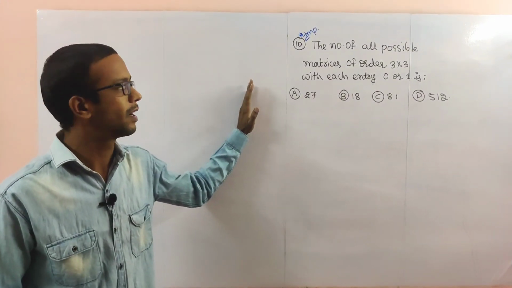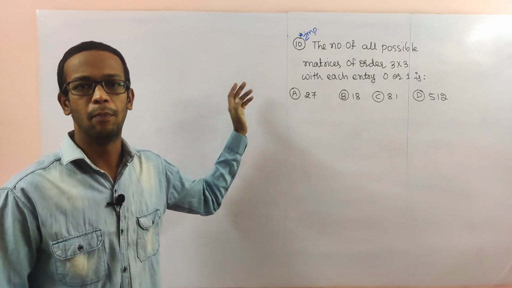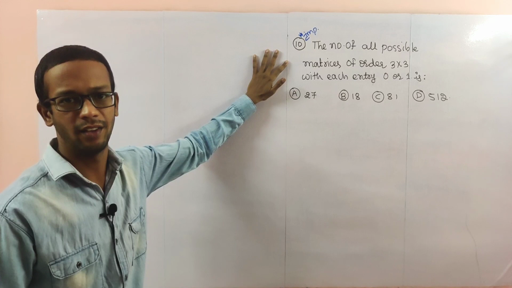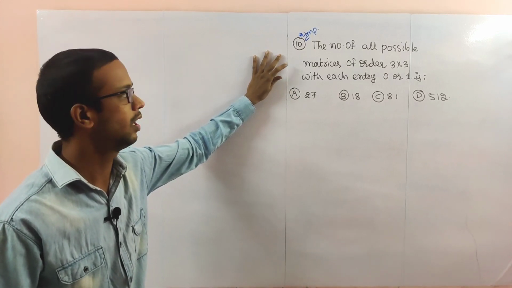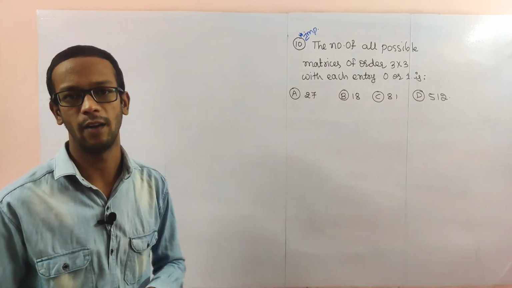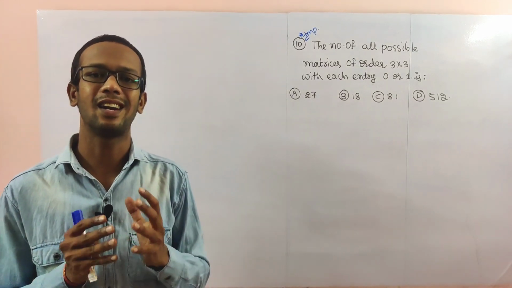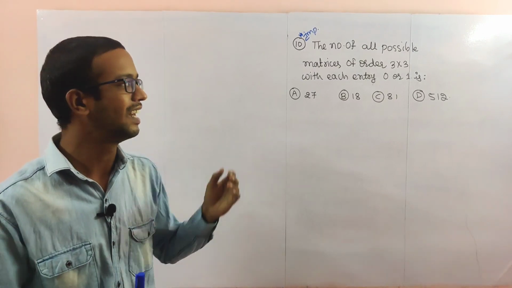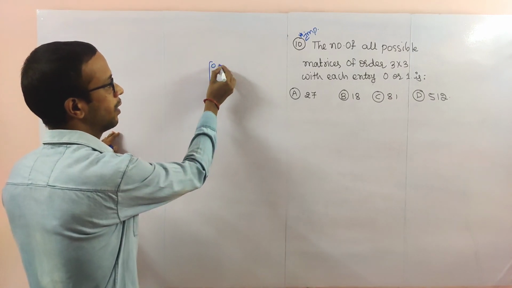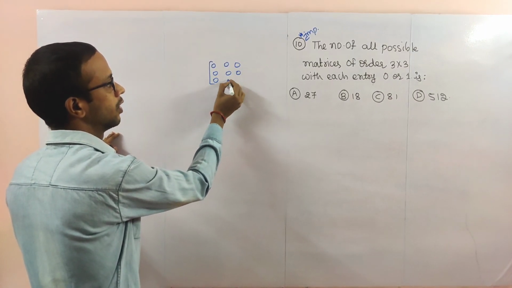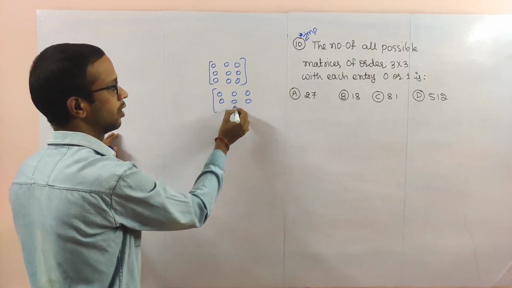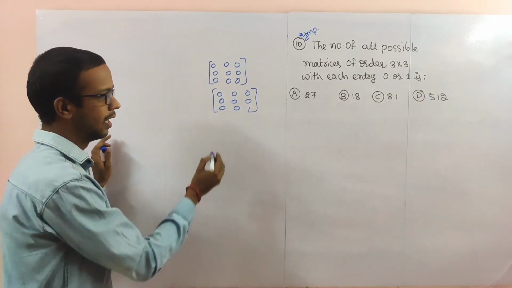Next, problem number 10. Important question, multiple choice question. The number of all possible matrices of order 3 by 3 with each entry 0 or 1. We have to construct 3 by 3 matrices where each entry is 0 or 1. One example is all zeros. Next, a matrix with one 1.